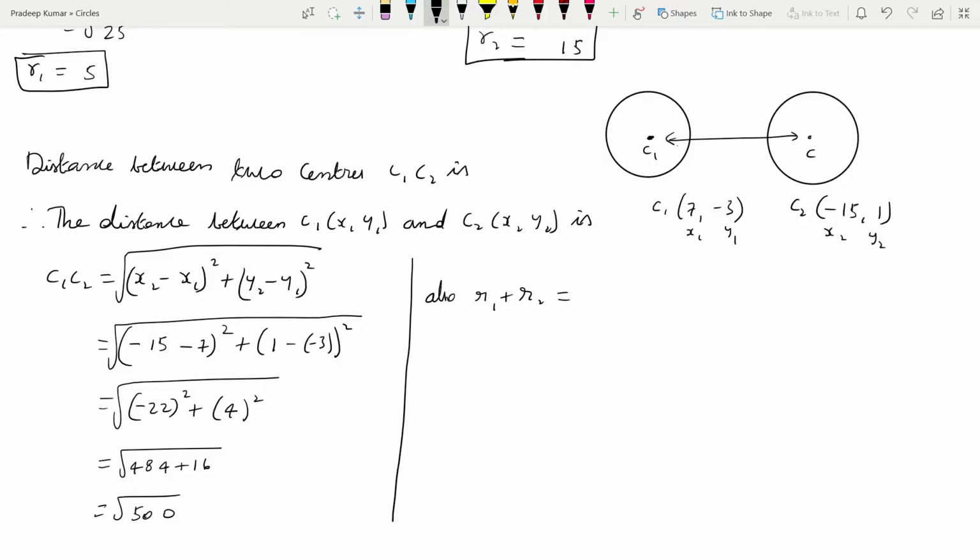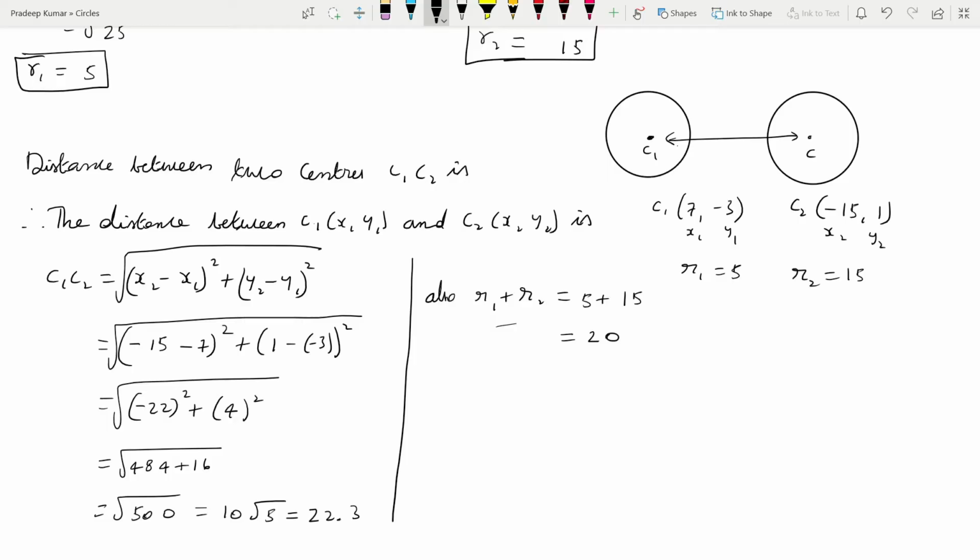The first radius we got as 5, and the second radius we got as 15, so the total sum is 20. But root 500 is 10 root 5, which is approximately 22.3.